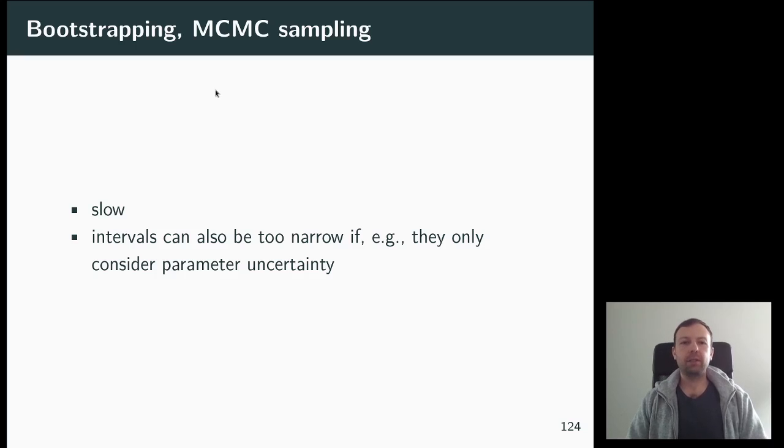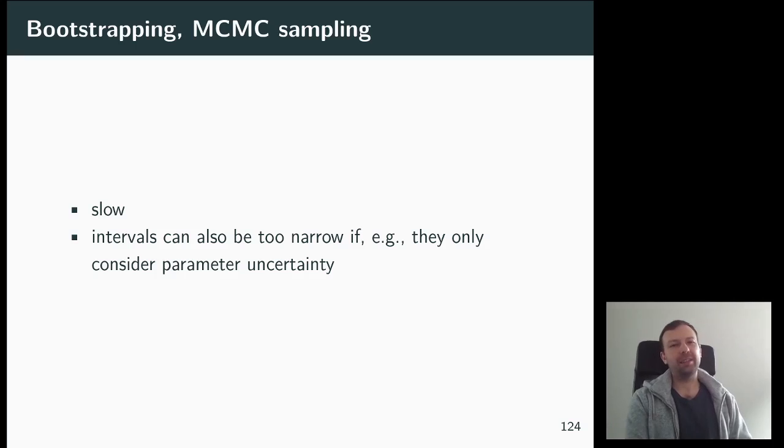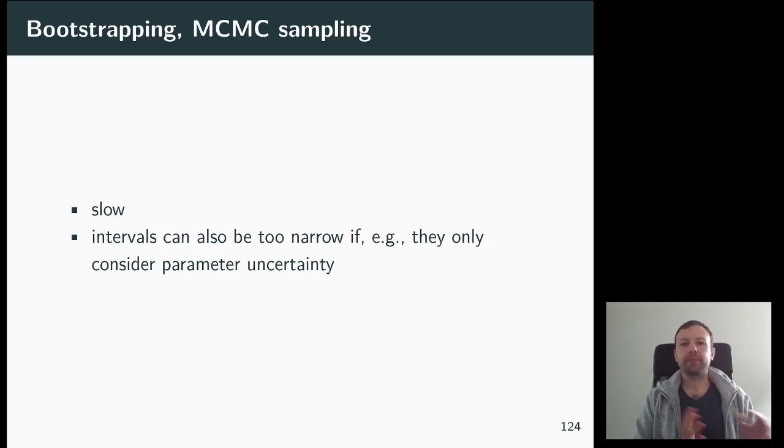Another thing to do is something like bootstrapping or MCMC sampling. That tends to be often quite slow. The intervals can also be too narrow depending on how you do it. For example, if you have a neural network and the only thing you do is change the initial weights, then the only thing you are considering is the parameter uncertainty of these initial weights.